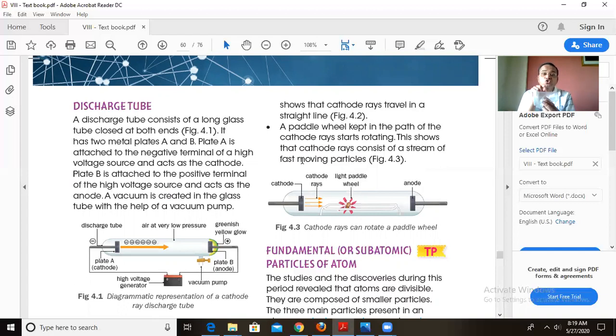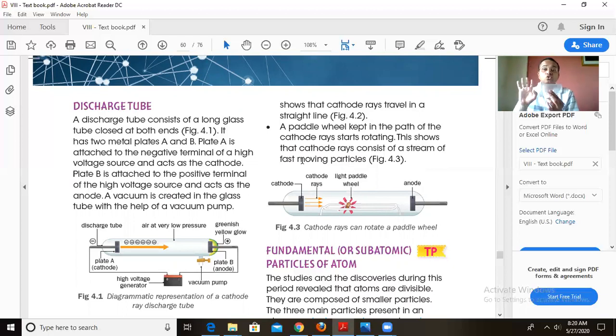This shows that the cathode rays consist of a stream of continuously fast moving particles, because something is falling on the wheel.